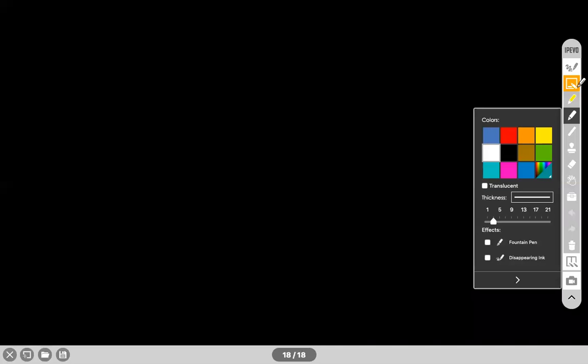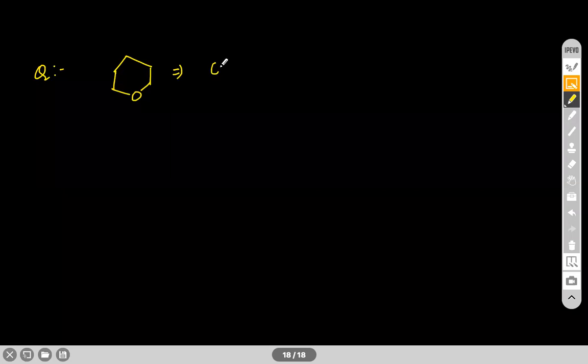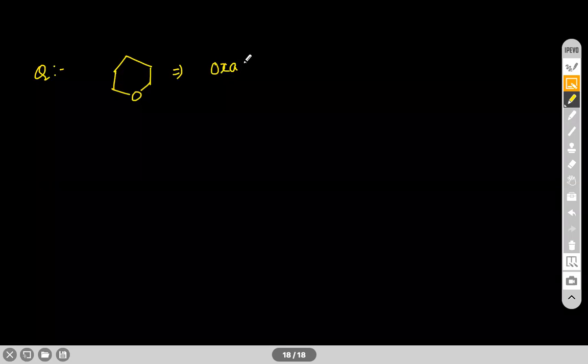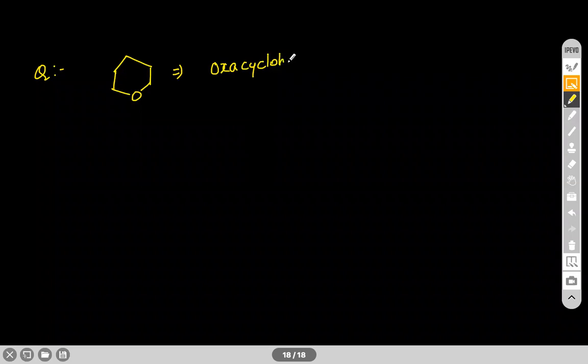Just two, three miscellaneous examples we have here. I'll show you and then we'll take a break. Just 5 more minutes maximum, guys. Suppose we have a compound like this, a ring and oxygen is present here. So we have a total of 6 atoms here, including this oxygen. For oxygen, we'll write oxa: oxacyclohexane.